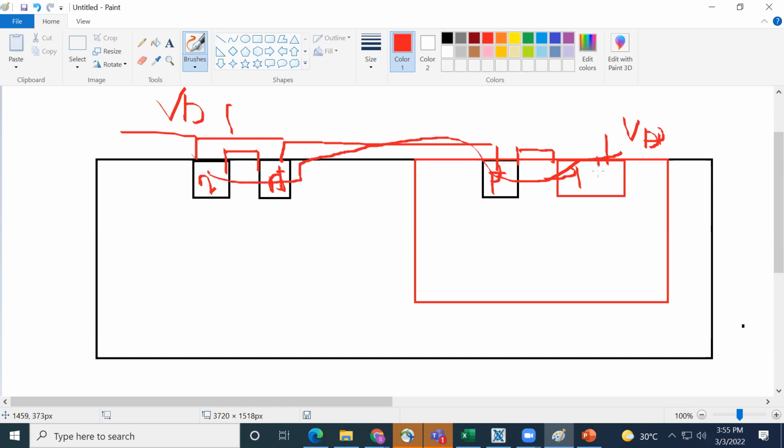But there is a short circuit path through the parasitic BJT from VDD to VSS. You have to remember this diagram, because they will definitely ask you to draw it.